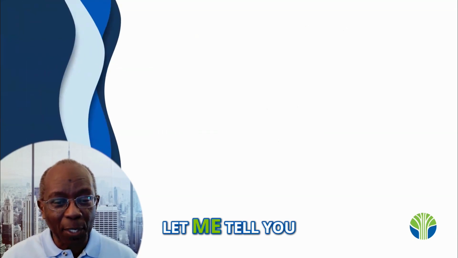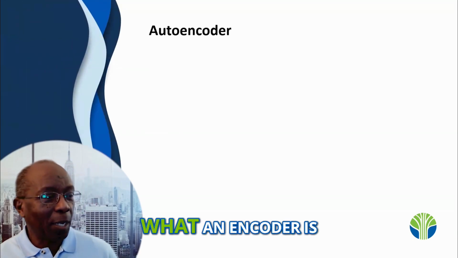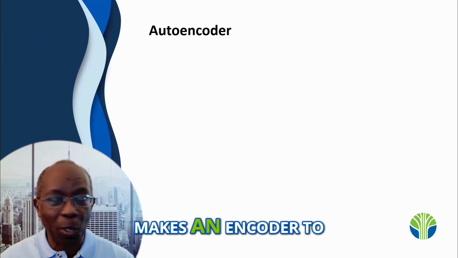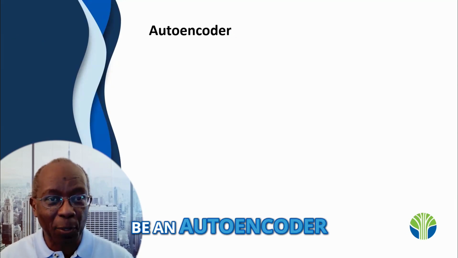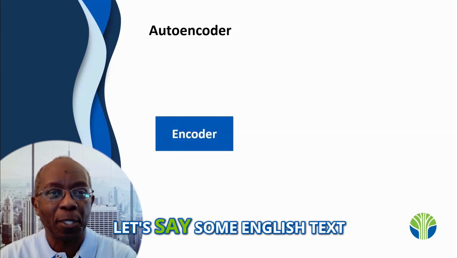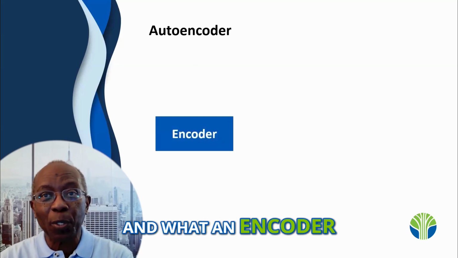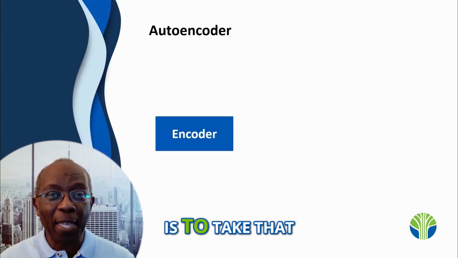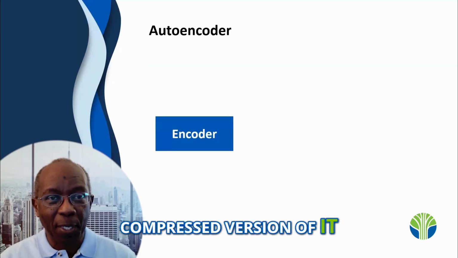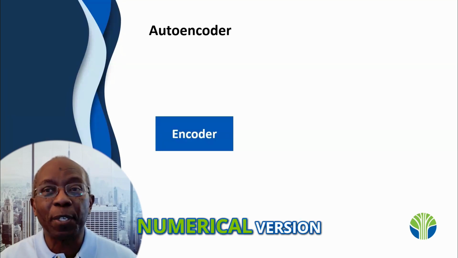But first, let me tell you what an encoder is, and then we shall specialize it to what makes an encoder an autoencoder. So with encoders, you have some input, let's say some English text, and what an encoder is supposed to do is take that text and create a compressed version of it. This will be a numerical version.